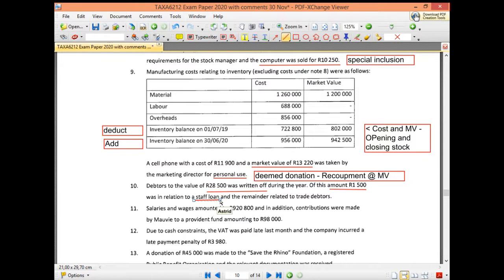Now a staff loan is capital in nature, so it would never have been included in your gross income, so you will not be allowed to get a deduction for the $1,500 because of that reason. Okay, but the rest of it would be deductible. So in this scenario, you will have to show both amounts for me. Show the trade debtors, which is deductible, and show the staff loan, which is not deductible.